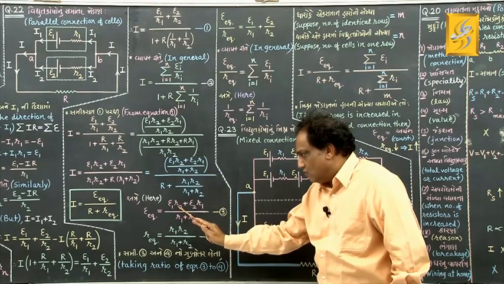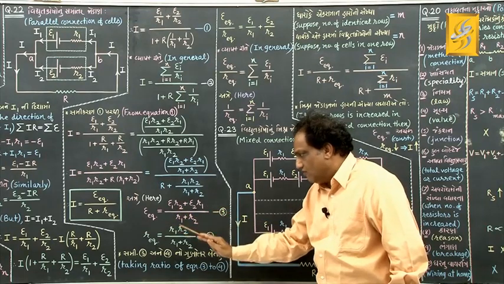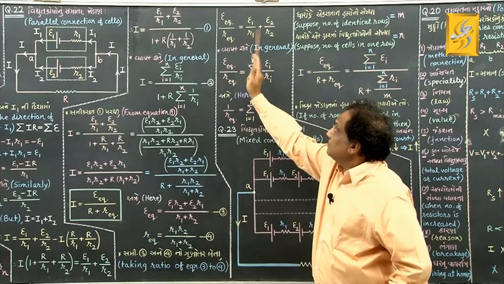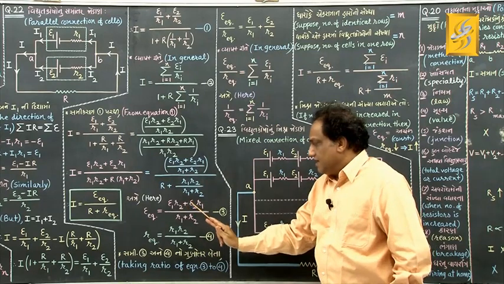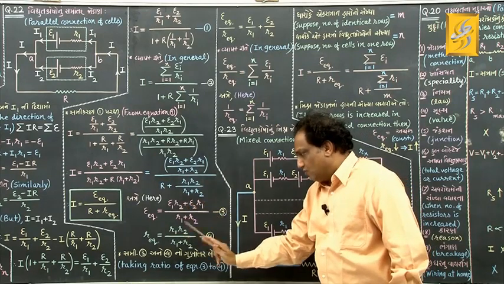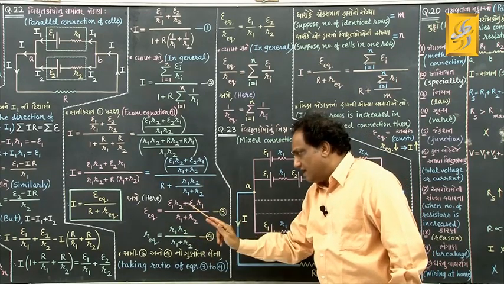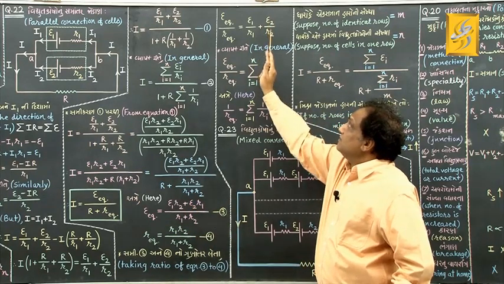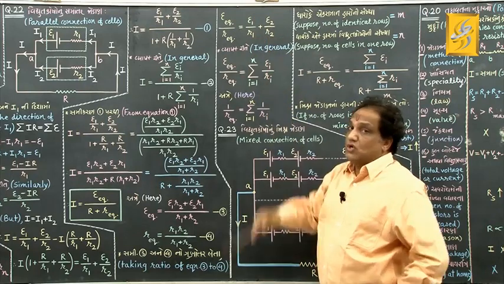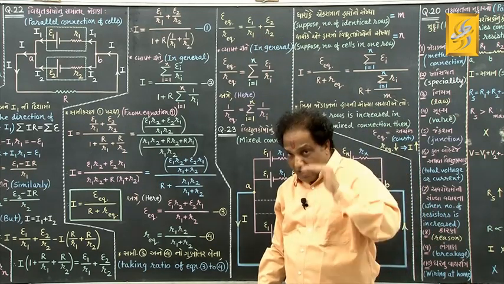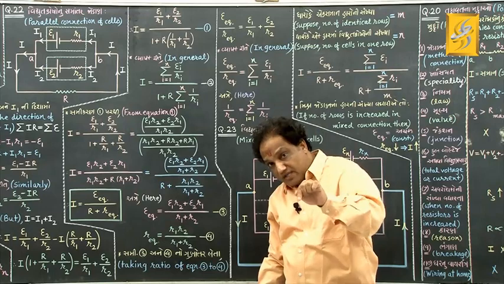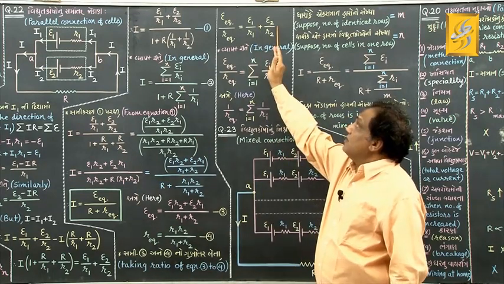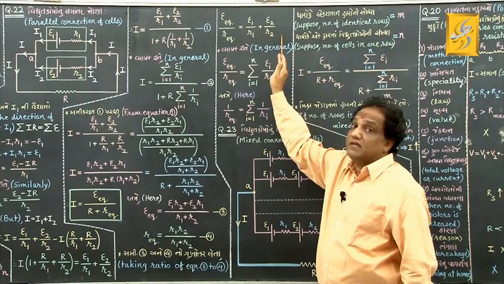E1 R2 upon R1 R2 will get cancelled, left is E1 upon R1, plus E2 R1 upon R1 R2, then R1 getting cancelled, left is E2 upon R2, correct. This is for two cells connected in parallel. Had there been a third cell in the same parallel connection, then you would have got one more term here, plus E3 upon small r3, isn't it?